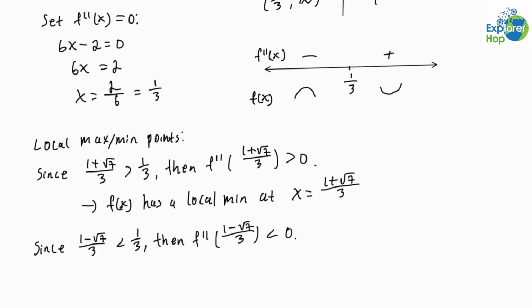So this means that f of x has a local max at x equals 1 minus root 7 over 3.